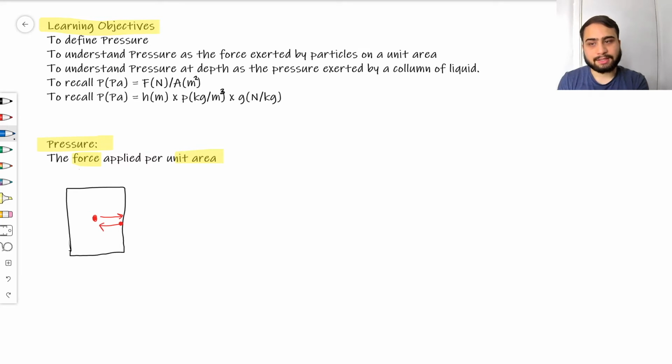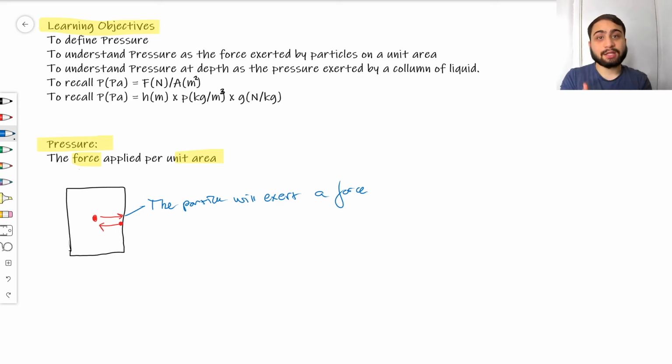Well, that's because at the wall here, the particle will exert a force, and I use the word exert and applied kind of interchangeably, but they mean the exact same thing. They really mean placed upon, right?